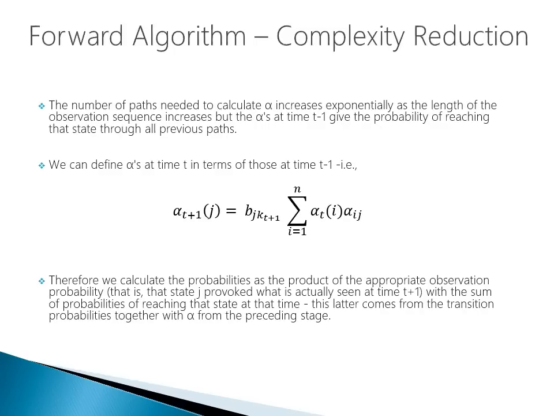Therefore, we calculate the probabilities as the product of the appropriate observation probability, that is, the state j provoked what is actually seen at time t plus 1, with the sum of probabilities of reaching that state at that time. This latter comes from the transition probabilities together with alpha from the preceding stage.